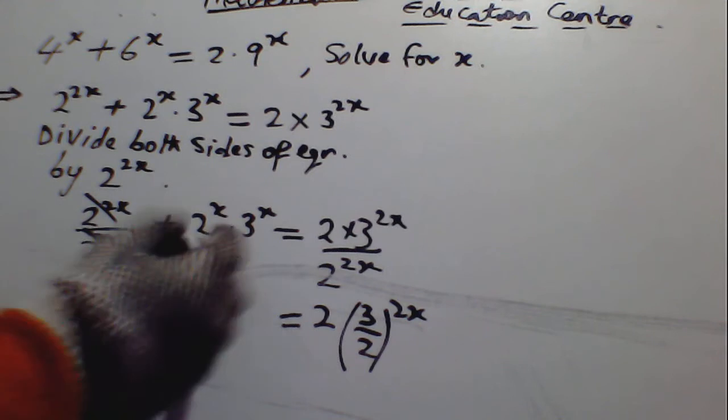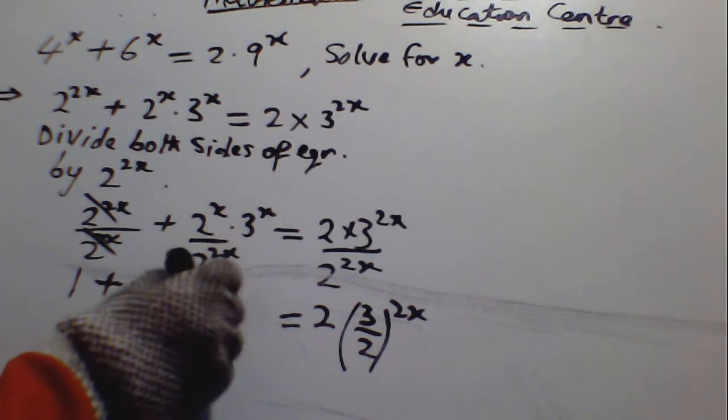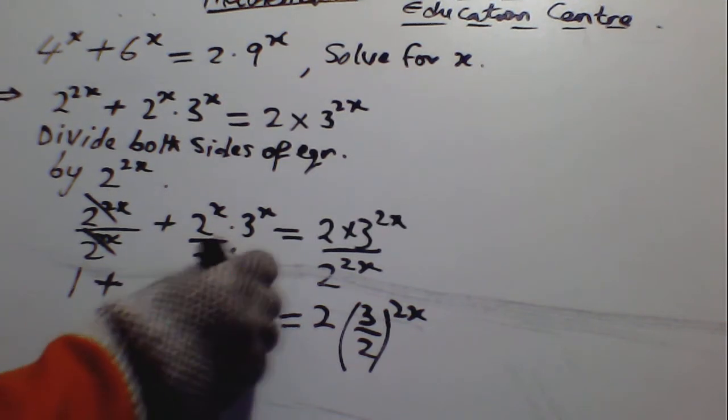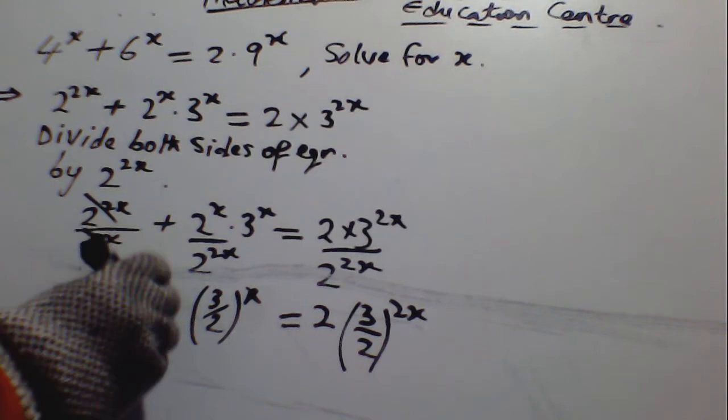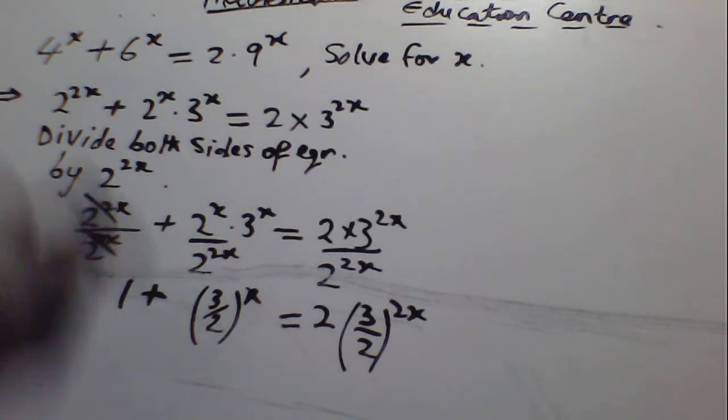Therefore we have 3 over 2 raised to power x, bring it very close, 1 plus 3. Why I simplify this is because we don't have enough space. So from here we see that we already have an equation.